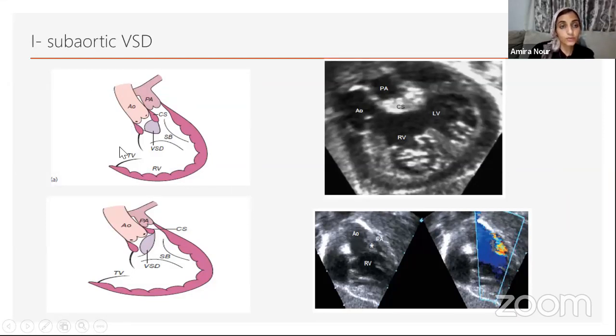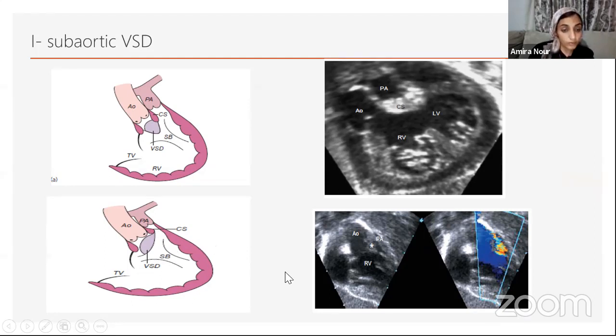However, in certain types of DORV with subaortic VSD, there will be an anterior cephalad deviation of the conal part of the septum, causing a subpulmonic or pulmonary valve obstruction, or pulmonary stenosis.